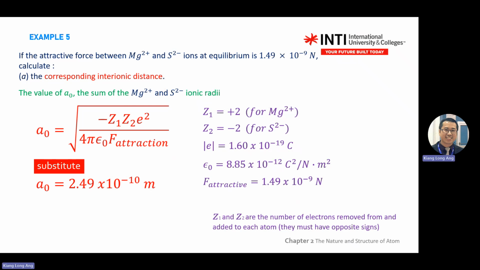Okay, so the first step is to take the force equation, substitute accordingly. So the Z value, how you get it is from the formula. Okay, then you substitute accordingly. Once you get it, you change it into nanometer. Okay, 0.249 nanometer. So this becomes -9. This one moves to the front.